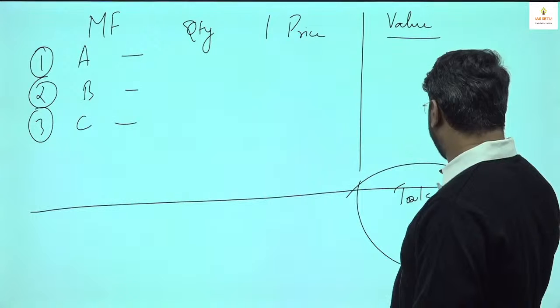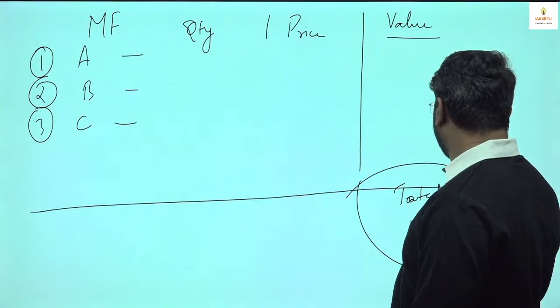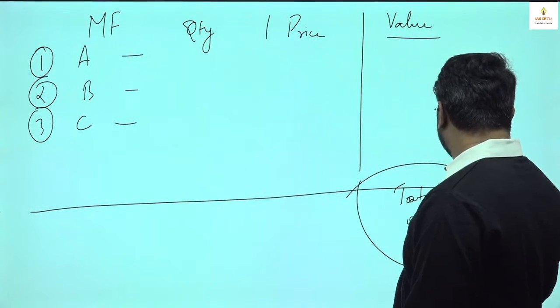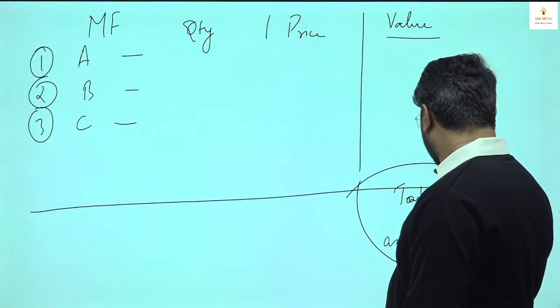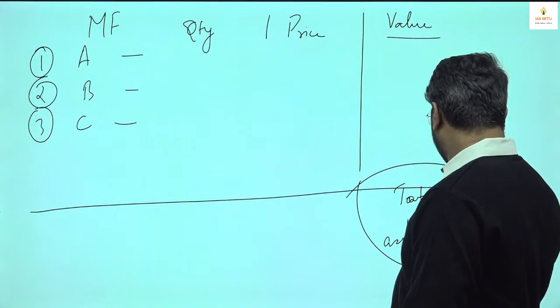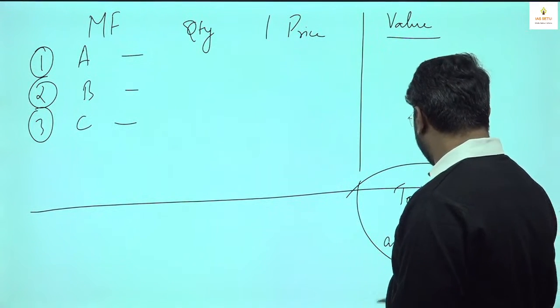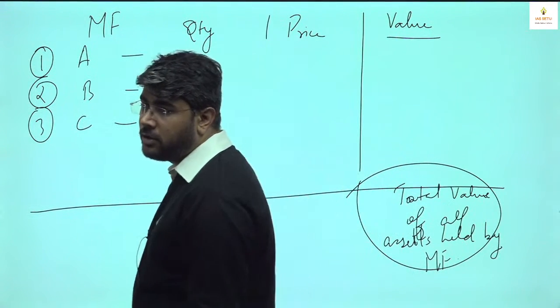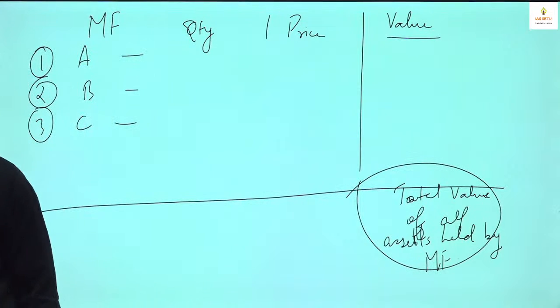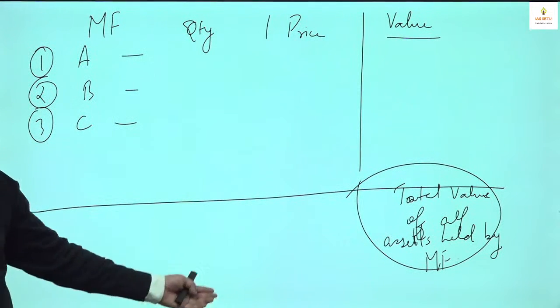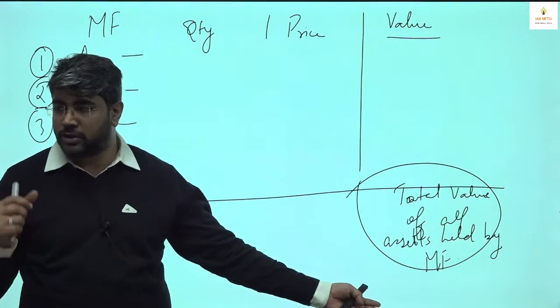This becomes total value of all the assets held by mutual fund. देख सकता हूँ ना, quantity into price ही तो करना है, क्या करना है, कुछ नहीं, ठीक. This is the total value of all assets held by mutual fund.